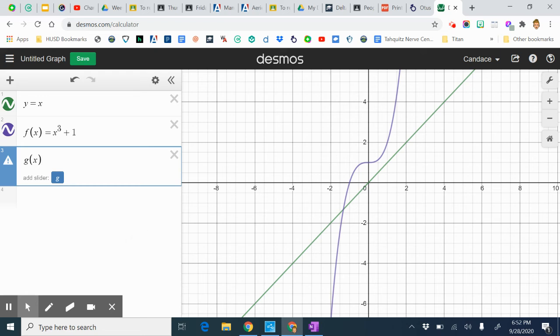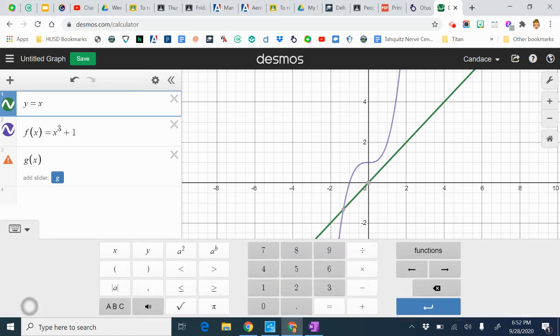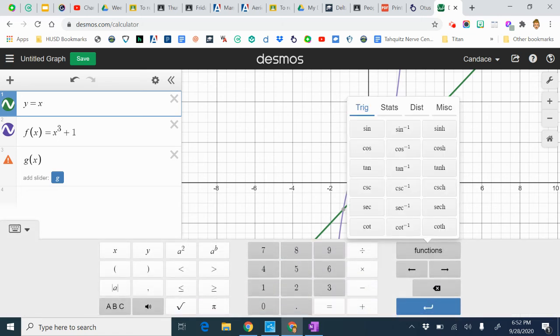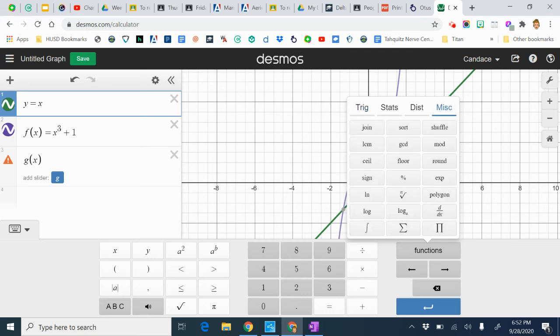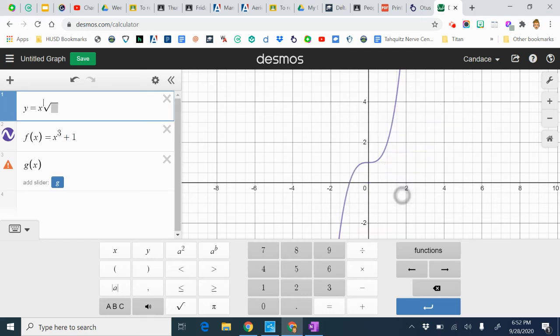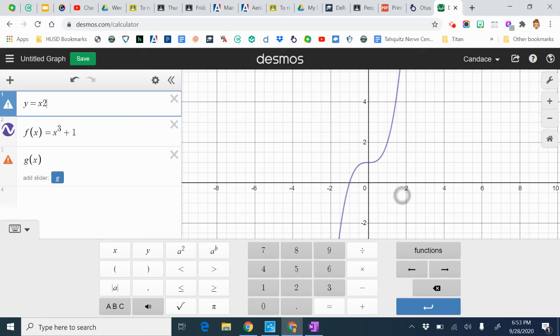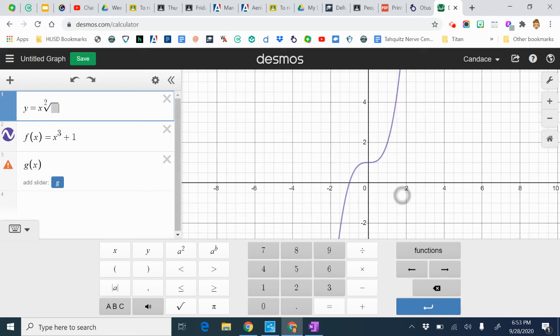I'm kind of foggy on what I use for cube root, but I know I can come down here and go to functions and miscellaneous maybe. There it is, the nth root power there. So I'm going to go cubed. That's not what I wanted. Control Z. The cube root of x minus 1.